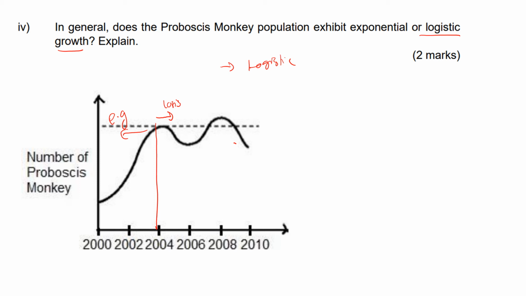So basically the monkey population experiences logistic growth. A population of species that experiences logistic growth will produce an S-shaped curve. This is due to the presence of limiting factors. So for the second mark, the population will stay around its carrying capacity, due to the presence of several limiting factors.